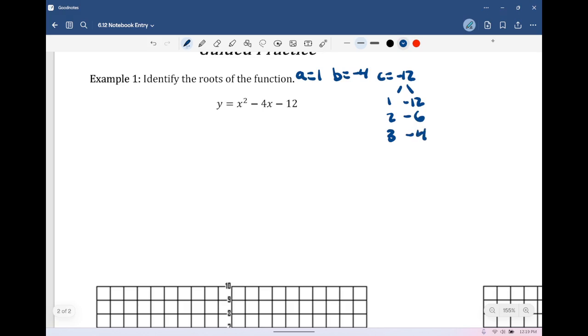Which pair adds to be -4? Quinn. -6 and 2. And so that tells us that y is actually x plus 2 times x minus 6. This is now intercept form.